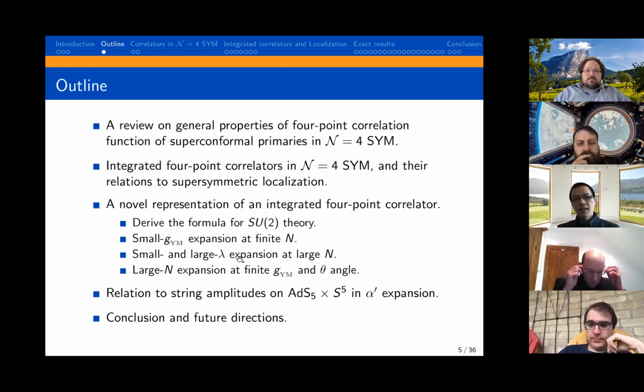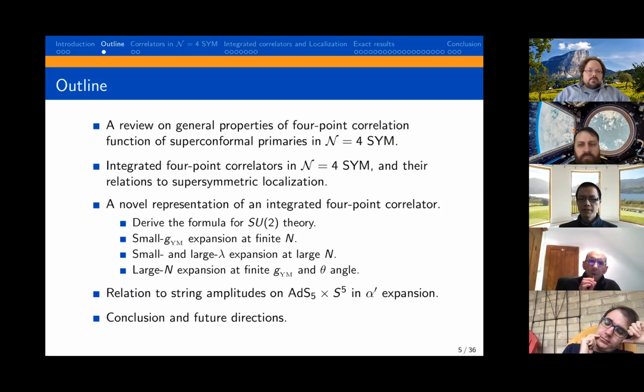The last part will be about the large N expansion at finite coupling and finite theta angle. This part will try to make contact with string amplitudes on AdS5 x S5. Then you can take a flat space limit to compare with the known answer due to Green and collaborators.